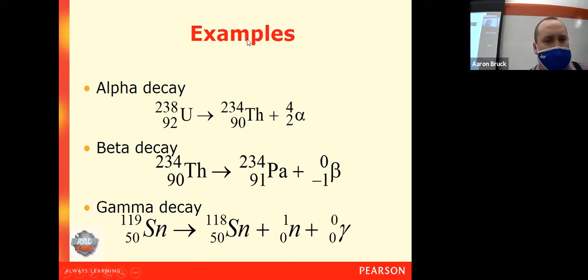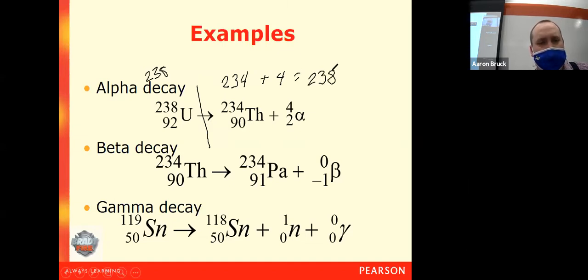Now, again, we have 238 on this side. We got 234 plus 4, and that equals 238 for the mass number on this side.